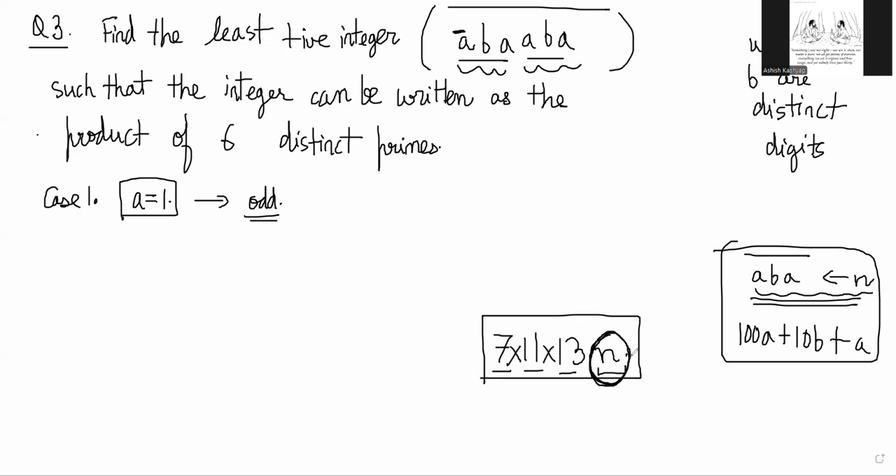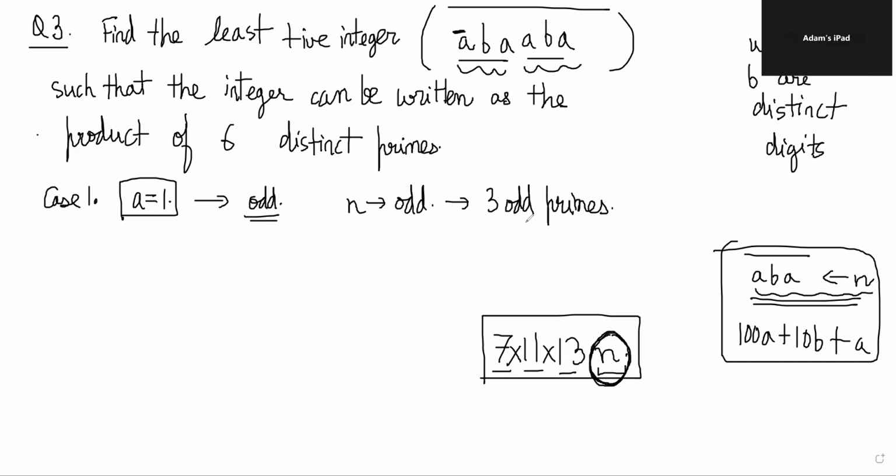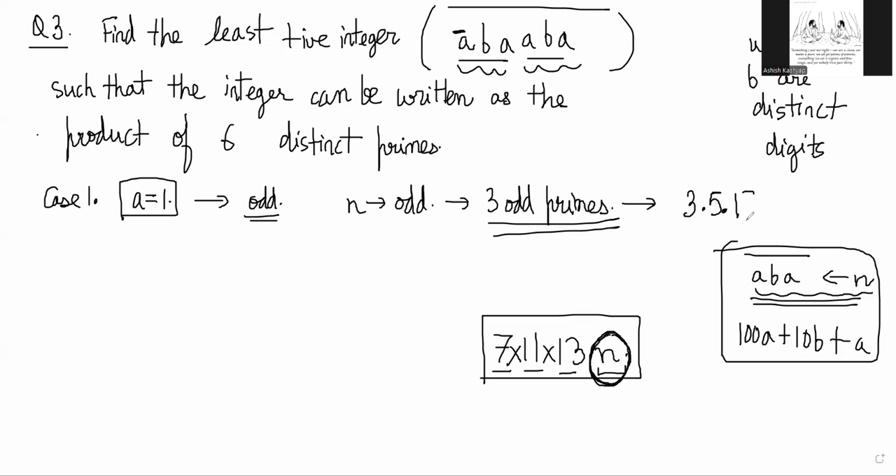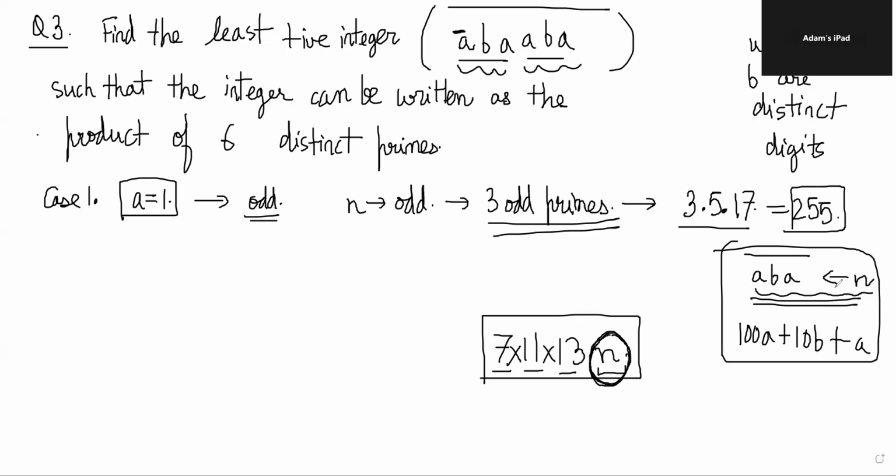That means it's a product of three odd primes, which cannot be 7, 11, or 13. So the smallest possible ones are 3, 5, and 17, which gives us 255 for small N, correct?